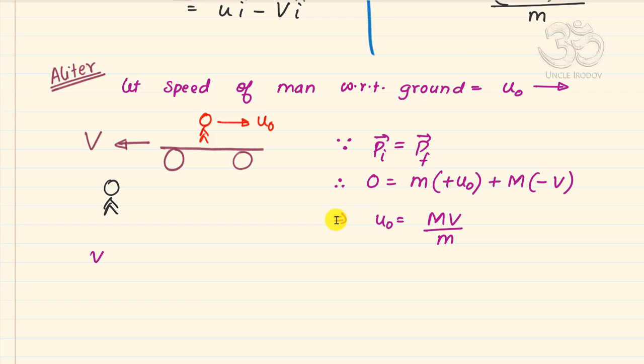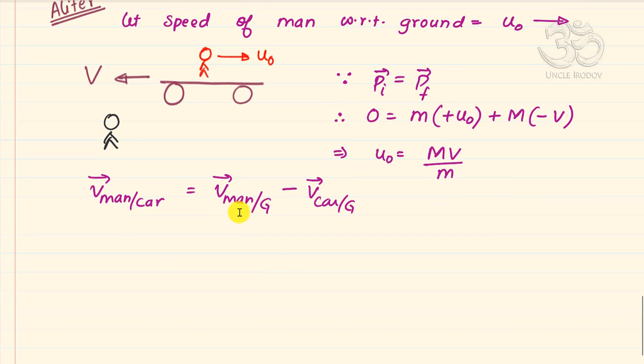But now you want to find out the velocity of man with respect to car, and that will be the velocity of man with respect to ground minus the velocity of car with respect to ground. So I will use this formula, and I'm going to say that the velocity of man with respect to the ground is big M V by small m i cap, minus the velocity of car with respect to ground, which is minus V i cap.